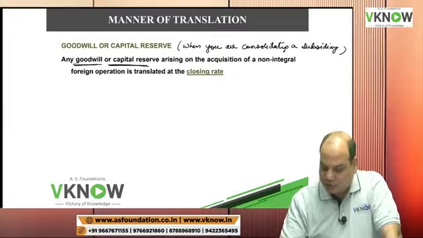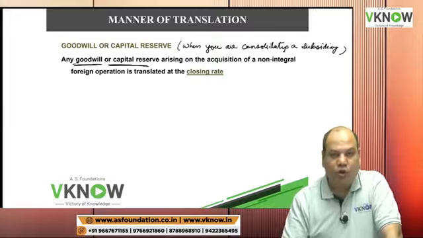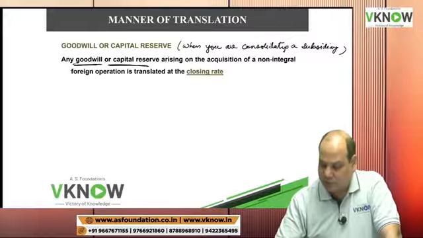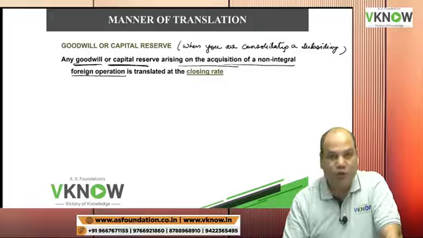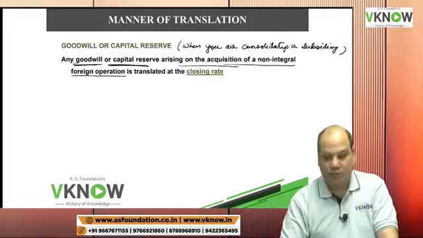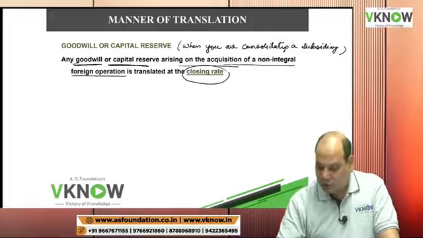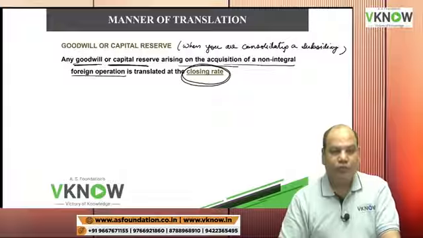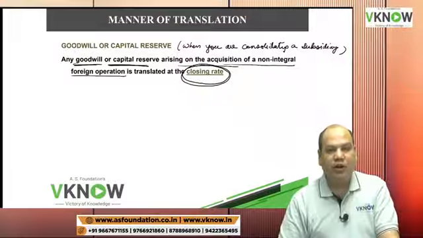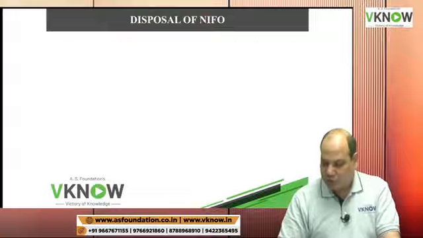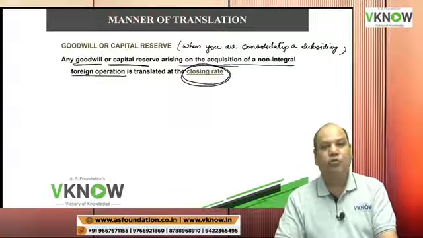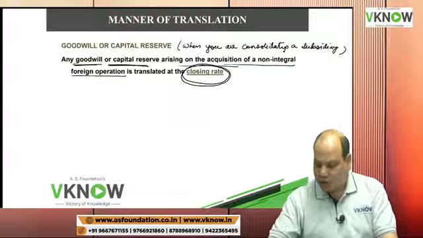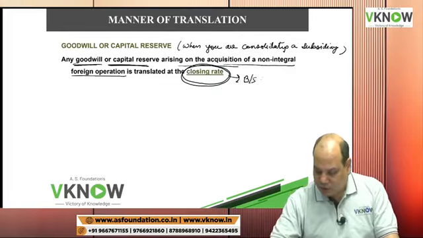The standard says if goodwill or capital reserve arises on the acquisition of a non-integral foreign operation, it will be converted at the closing rate. Closing rate means balance sheet date rate.